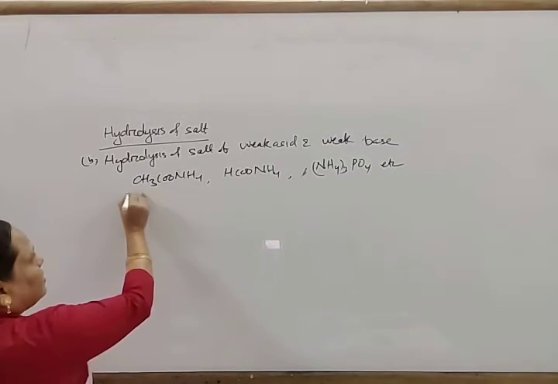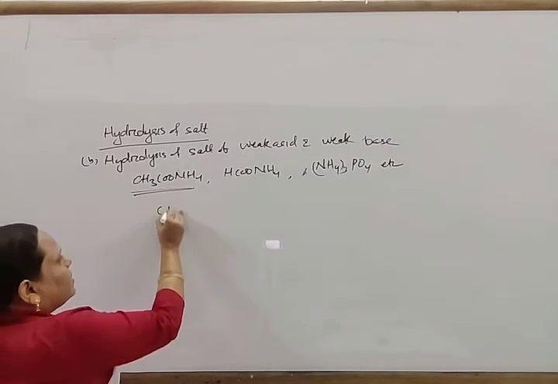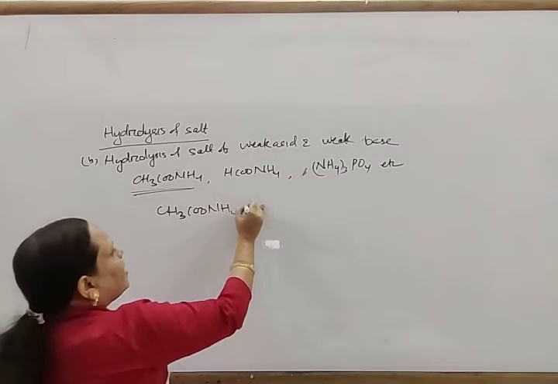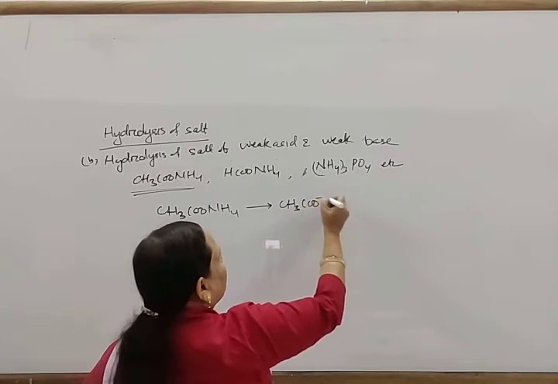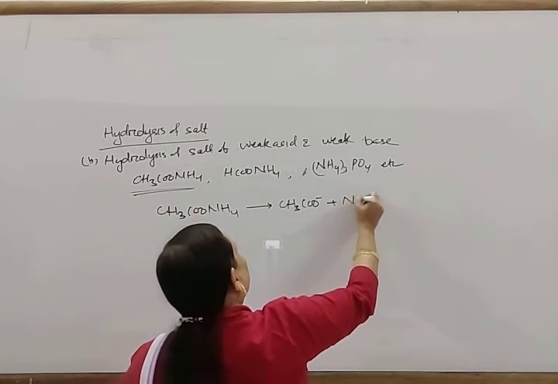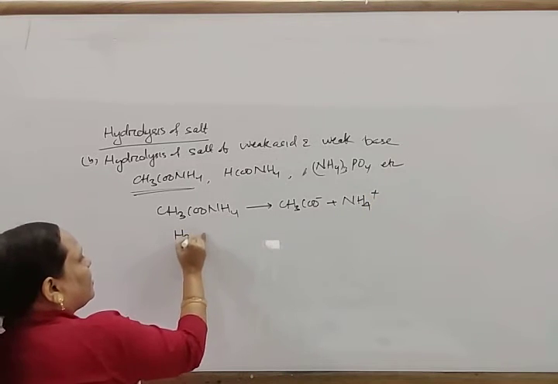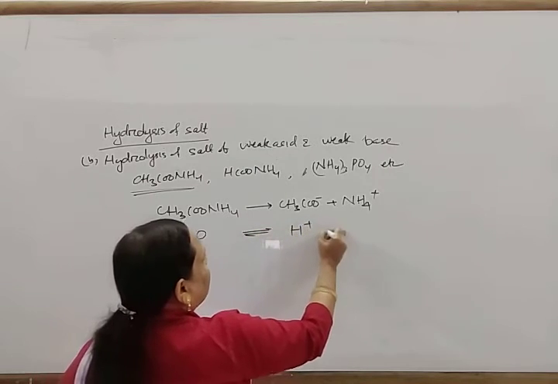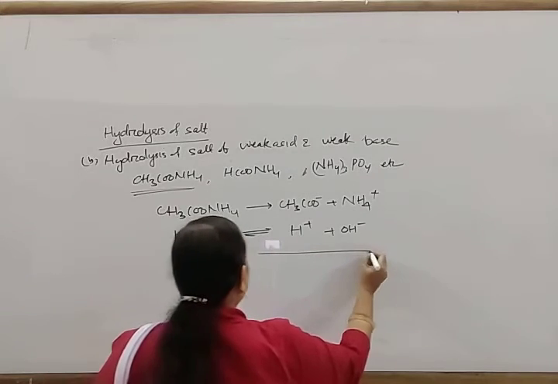Now let us consider the example of ammonium acetate. Ammonium acetate, CH3COONH4, on dissociation gives CH3COO minus plus NH4 plus, and water dissociates to give H plus plus OH minus.